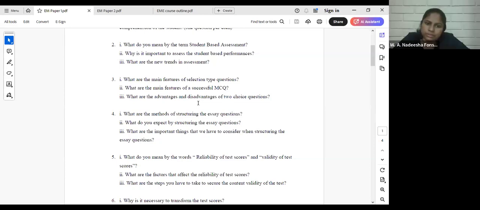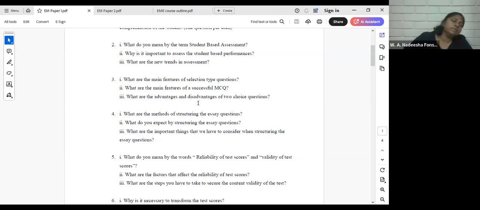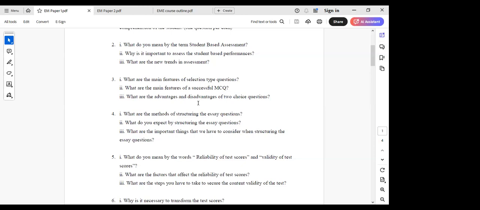Other one? It can cover the broad range of syllabus. Yes, it can cover the whole broad range of syllabus. Then less time duration to answer.